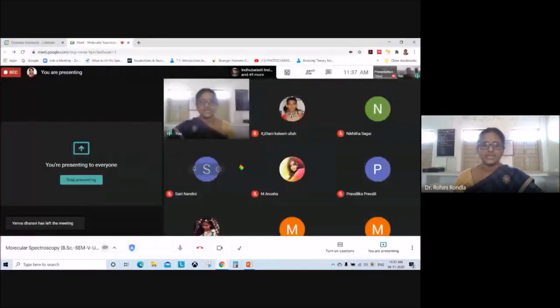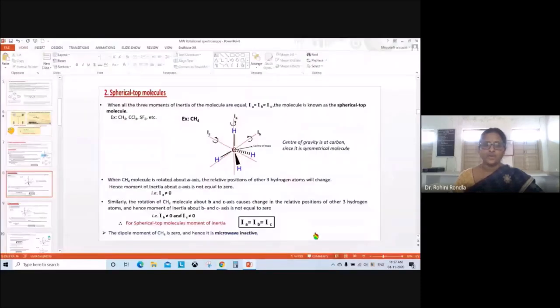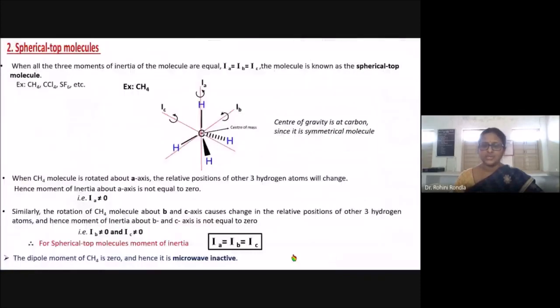We know that, whenever you rotate, the molecule resists turning. So there is a moment of inertia along the A axis, right? That is why IA is not equal to 0. If you rotate this molecule through the A axis, the positions of the 3 hydrogen atoms will change. That is why IA is not equal to 0.